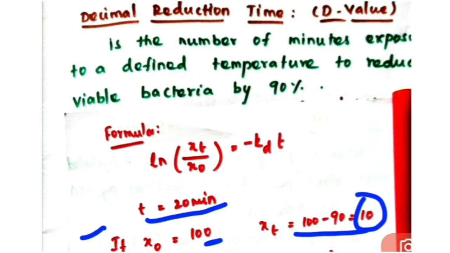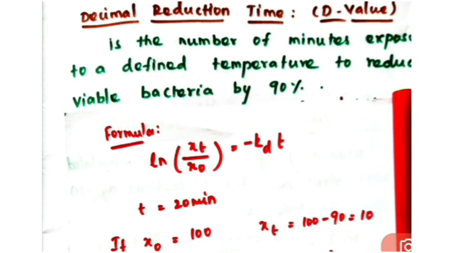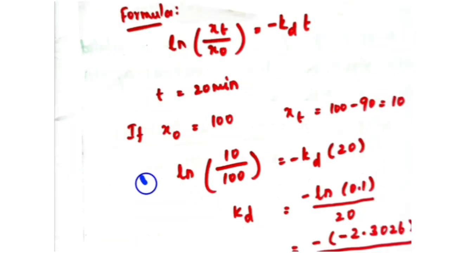Why? Because here you are reducing viable bacteria by 90% at a defined temperature. So 100 minus 90 will give 10 cells per ml. So ln of xt divided by x naught, so xt is 10 divided by x naught is 100, equal to minus kd into time, where time is your decimal reduction time, 20 minutes.